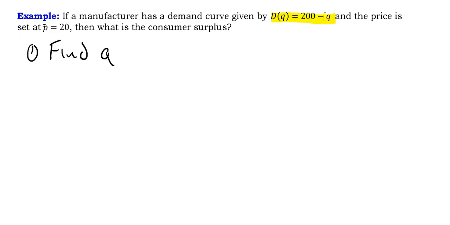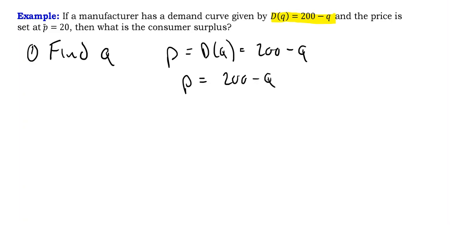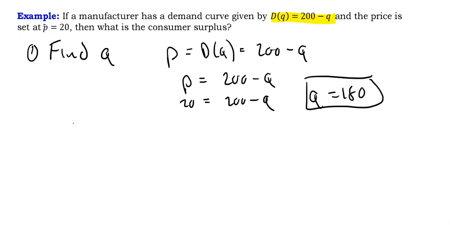Remember, the demand curve is also equal to P. P is equal to D sub Q, which is equal to 200 minus Q. So we can get rid of the D sub Q and just say P is equal to 200 minus Q. And so we have 20 is equal to 200 minus Q, so Q is equal to 180. So that then becomes our upper bound of integration from 0 to 180.